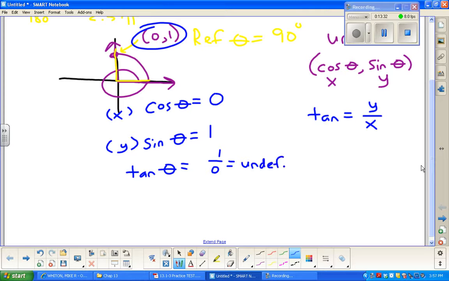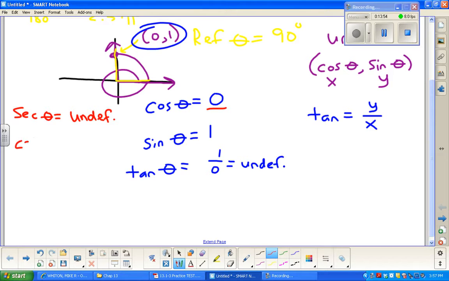Okay, so that's the three main ratios. We'll just go ahead and get each of their reciprocals. Let's put these over here. The one that goes with cosine is secant. If the cosine is 0, the reciprocal means the 0 is going to be in the denominator, so it's undefined.